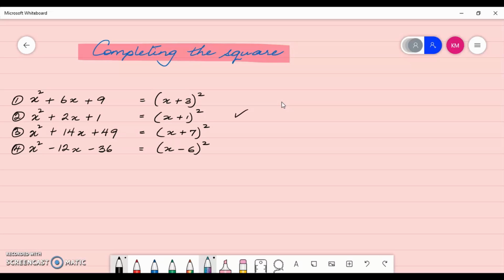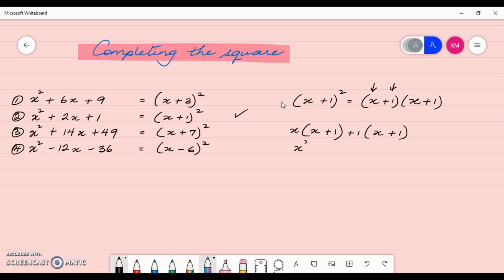Let's test this one. So we say x plus 1 squared is going to be x plus 1 multiplied by x plus 1. Now to expand it out, we take our first term and multiply that by our second bracket, then our remaining term and multiply it by our second bracket.